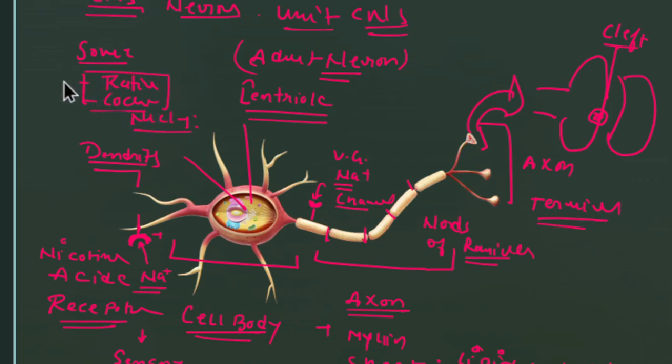These two also have neurons, and the cochlea, which is present in the ear organ, also has neurons for the auditory system.